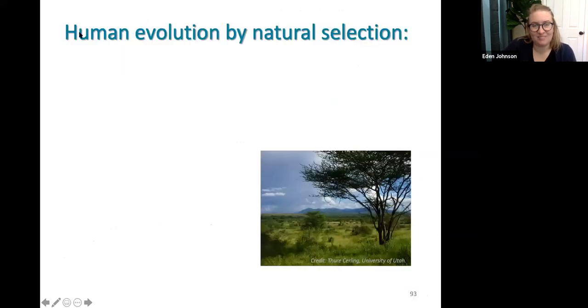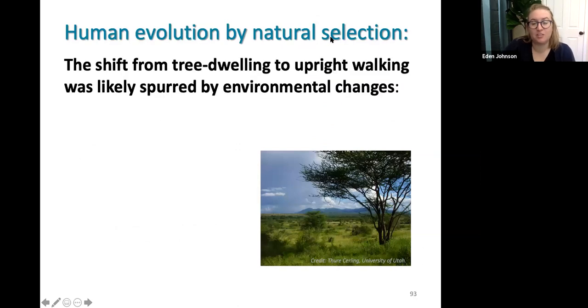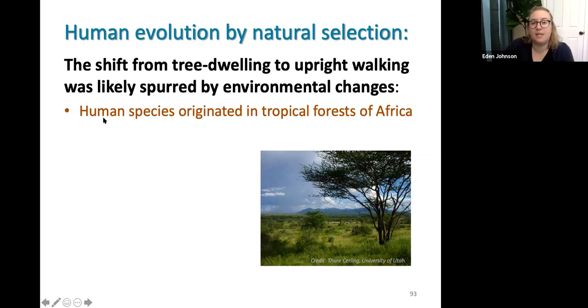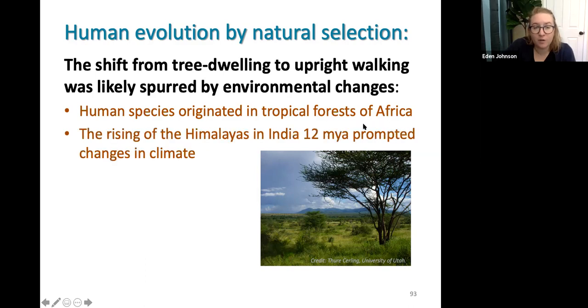Okay. So human evolution by natural selection looks a whole lot like other species. With environmental changes, you had this shift from tree-dwelling organisms to upright walking, and that's because of these selective pressures. So human species originated in tropical forests of Africa.